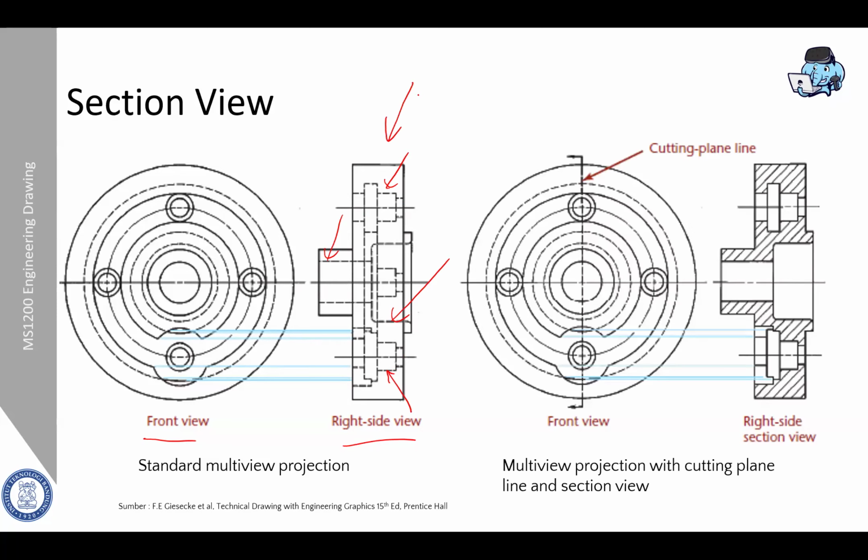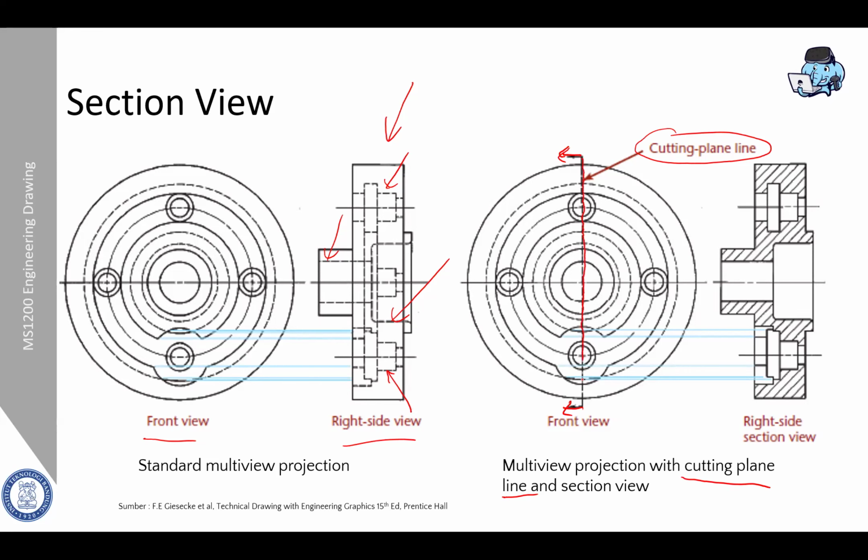Next is the multi-view projection with cutting plane line. This is the cutting plane line, shown by the arrow. The arrow shows you the direction of the view, and the line shows you the cutting plane.